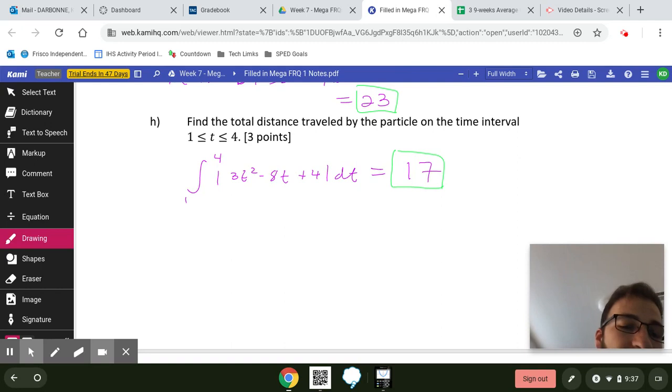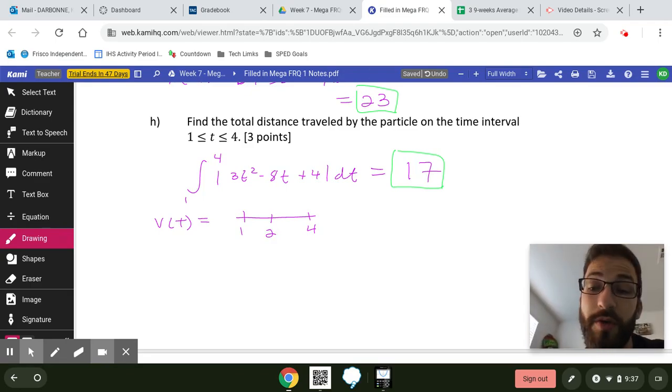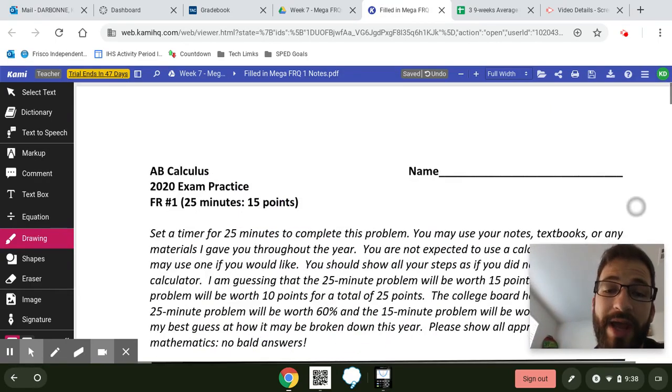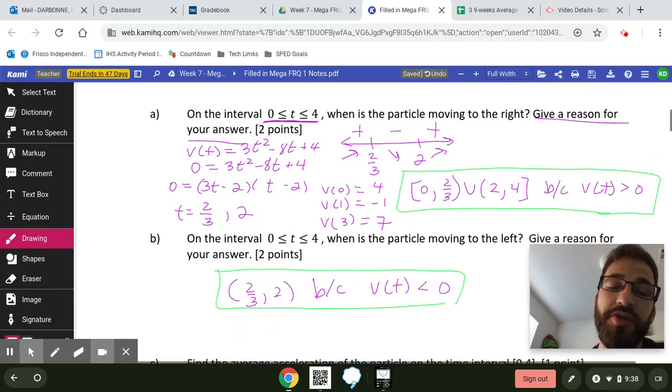So remember from earlier, we made our sign chart for v of t from 0 to 4. Now we're going to make it from 1 to 4. The only critical point we had from 1 to 4 was 2. Remember, we had 2 critical points, 2/3 and 2.